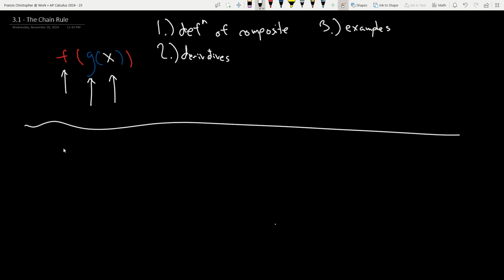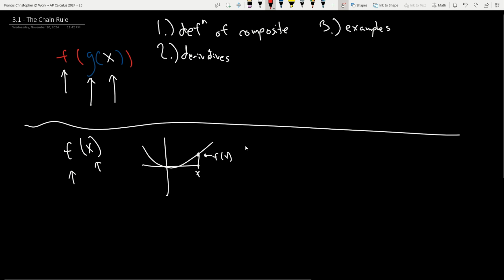So, for example, if we have f of x, x is our input, right? And f of x is going to be our output. For example, if we have a graph, we put in some input x, and then our y value is going to be f of x. A tip I have is start associating functions with the words input and output.